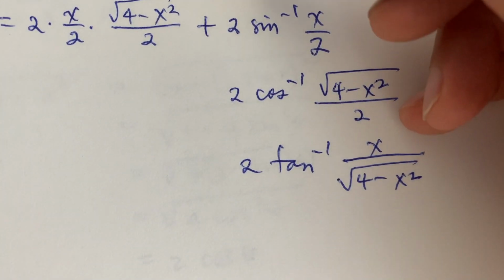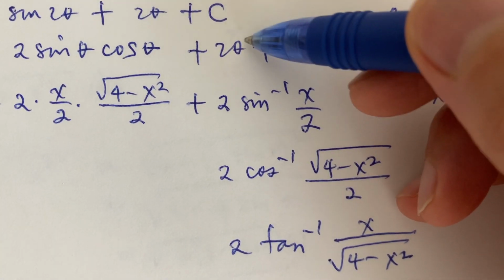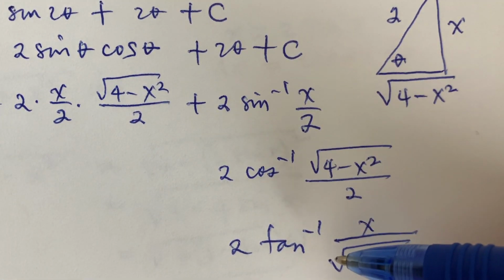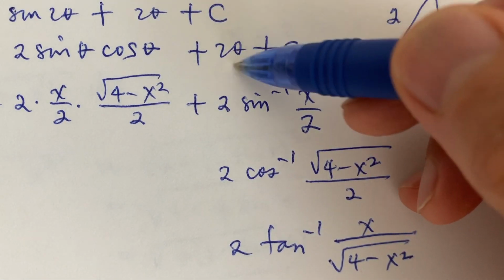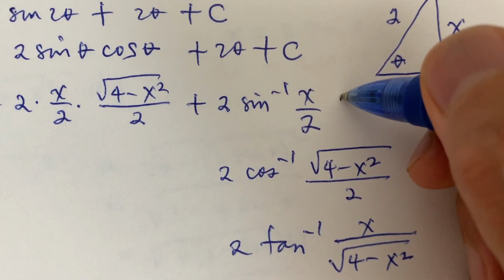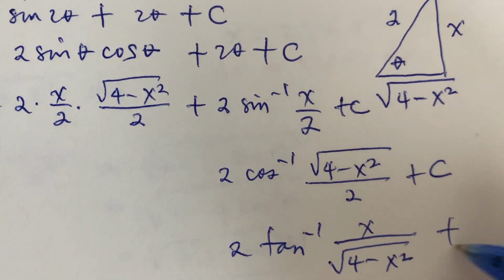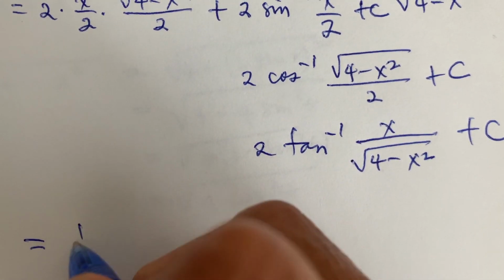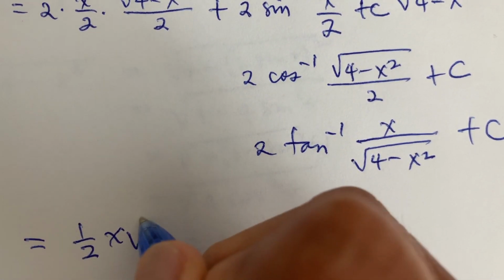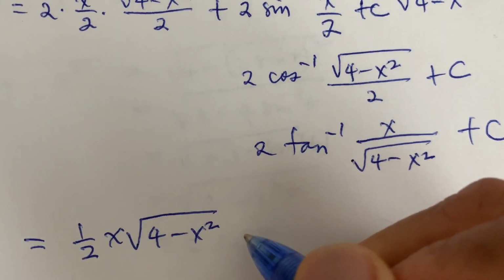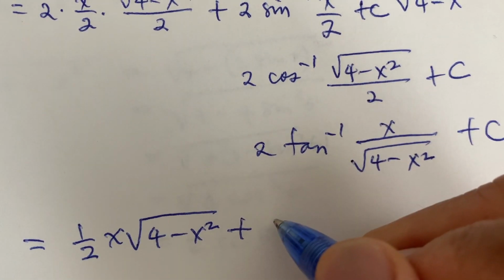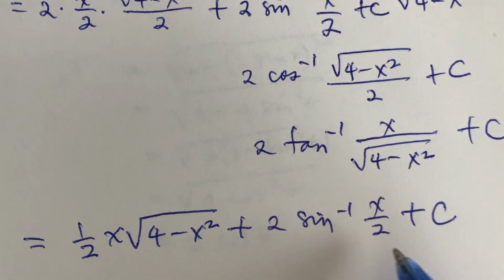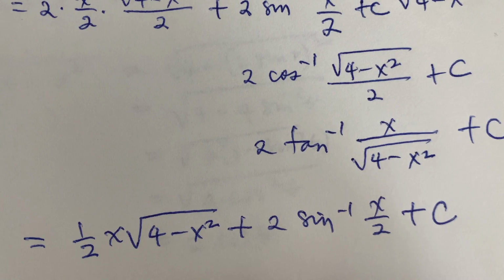So this particular part, this theta right here, can be done in 6 ways. Arcsine, arccosine, and arctangent are simply different ways of expressing the same theta here. Plus c, plus c, plus c. Simplifying everything, we should now get 1/2 x square root of 4 minus x squared plus, if we use the arcsine, then we will get 2 arcsine of x over 2 plus c. And you know that this can be written in 6 different ways. That's our answer.